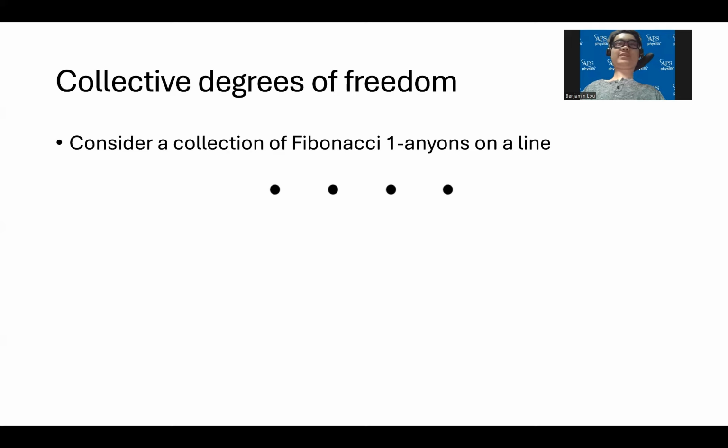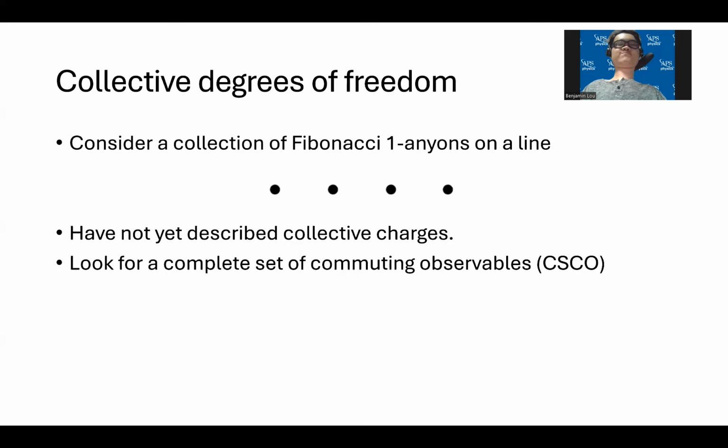To understand this, let's think about a collection of more anyons. Let's say that I hand you 4 anyons, and I tell you their positions, and I tell you that they are 1 anyons. Have I told you the full story? Well, absolutely not, because I have not yet described what their collective charges are.